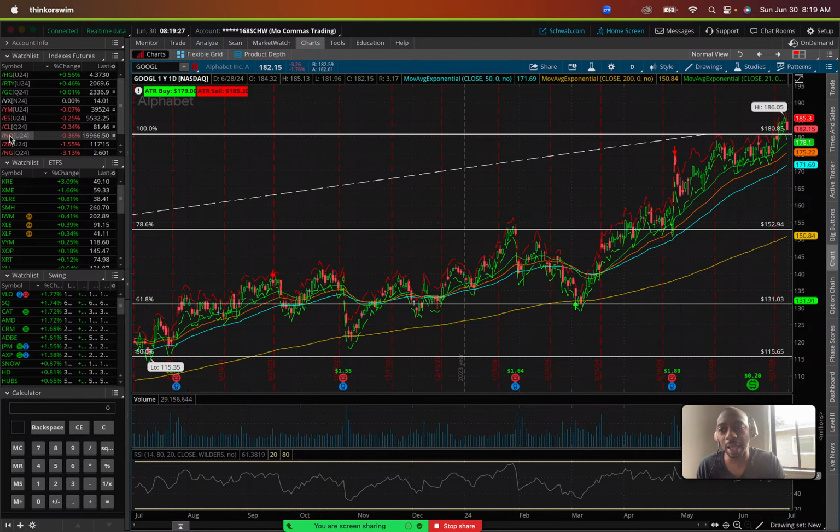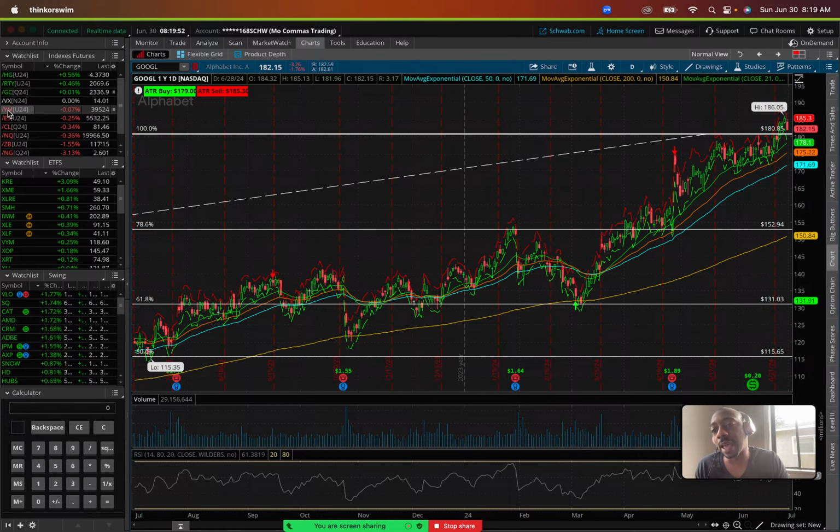You also have the S&P 500 or the ES, which is going to be some tech mixed with some energy and standard stocks. It's not going to be all tech, but you're going to see that it's pulled by the Dow and pulled by the Nasdaq.